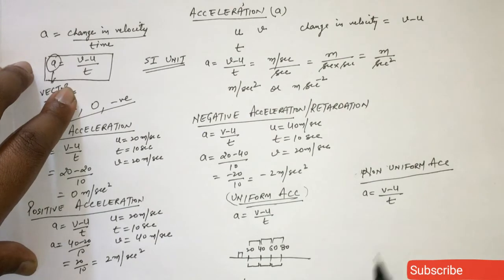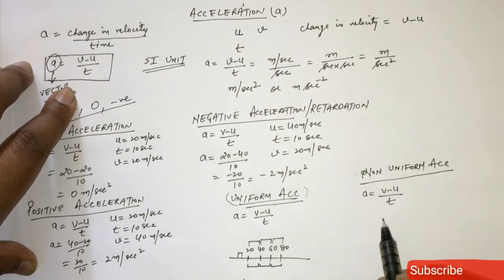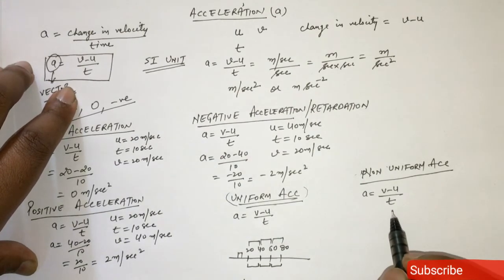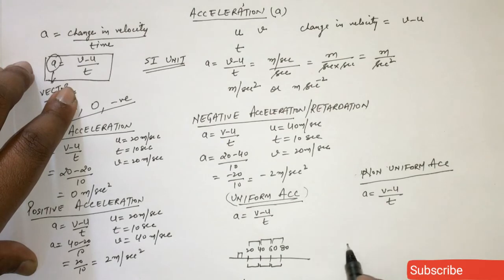Now, non-uniform acceleration. A is equals to V minus U upon T. Now, if the body does not change its velocity equally in equal intervals of time, then we can say the acceleration is a non-uniform acceleration. For example, if you have a moving car, fine, its initial velocity is 20 meter per second. In next 10 seconds, its velocity becomes 40. In next 10 seconds, its velocity becomes 55.